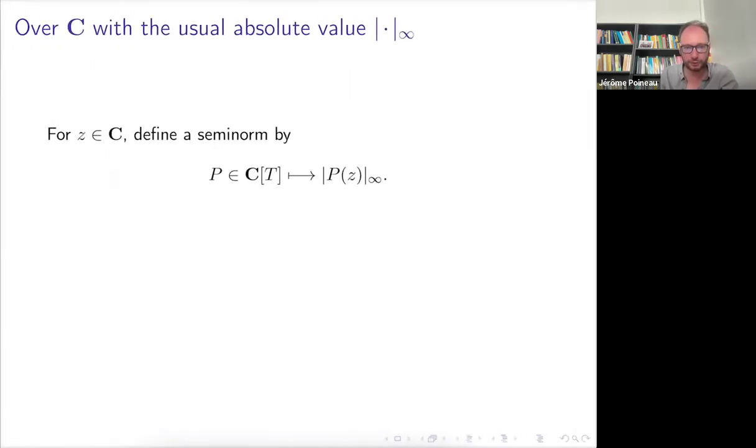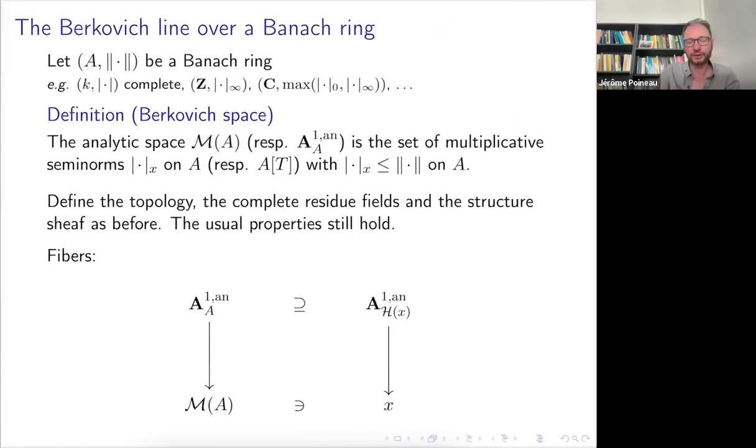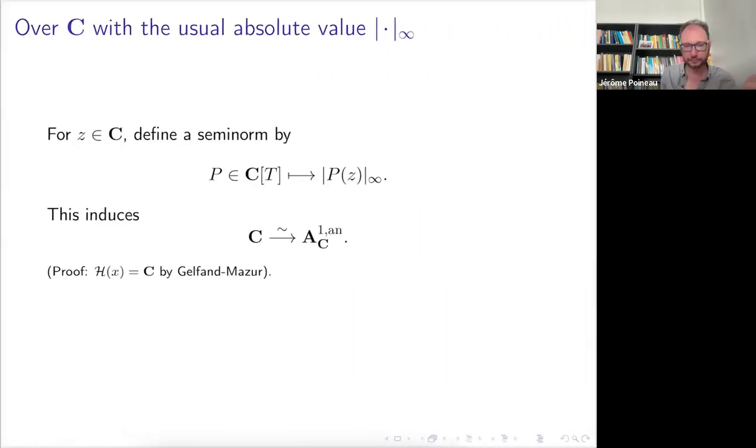Just because of this picture here downstairs that tells you that if you want to describe the affine line over A, you need to describe M(A) and the fibers. And I claim that some of those fibers can be analytic lines over C, so just usual complex spaces.